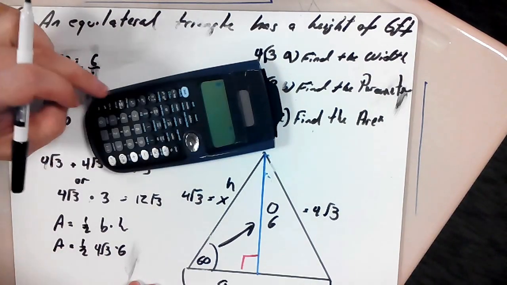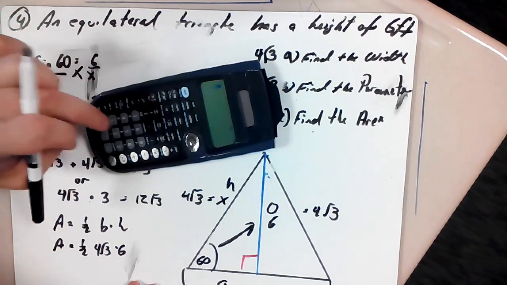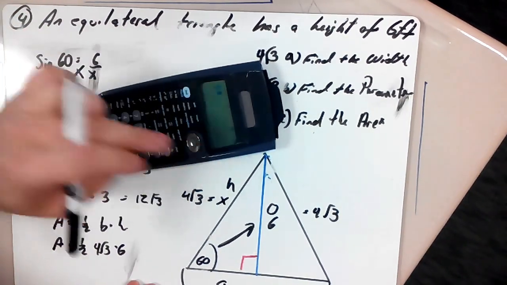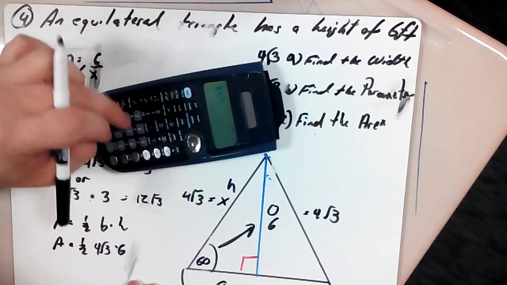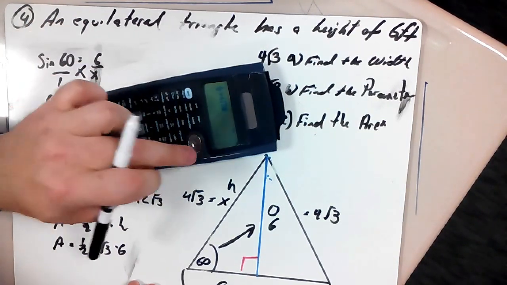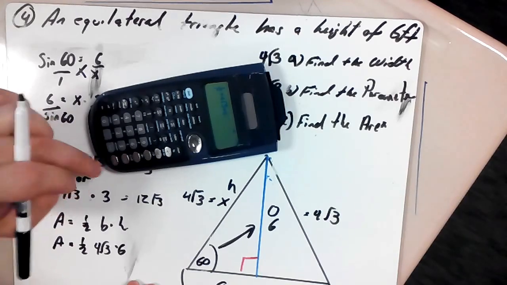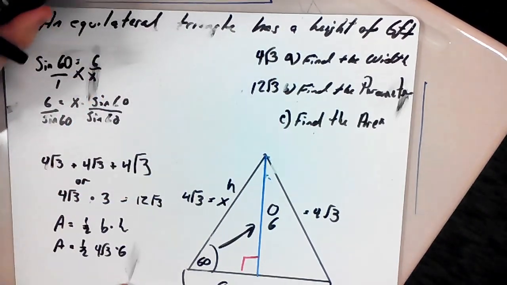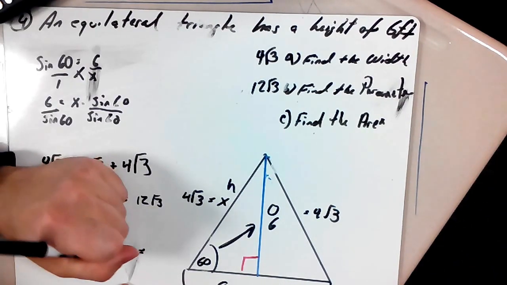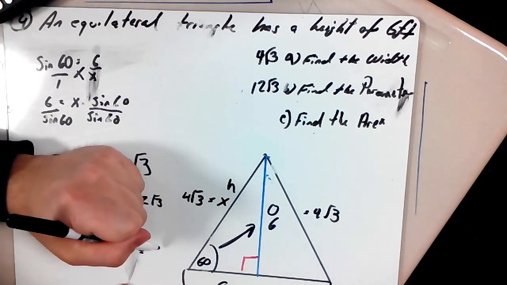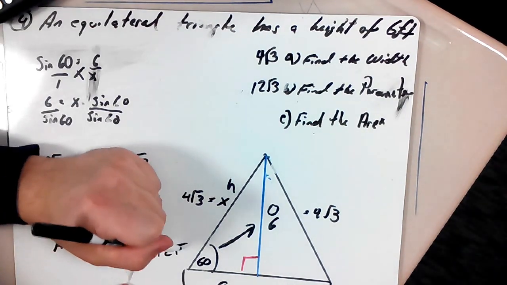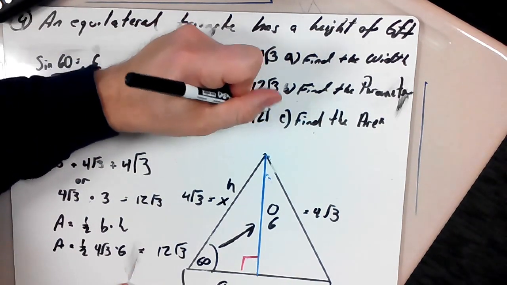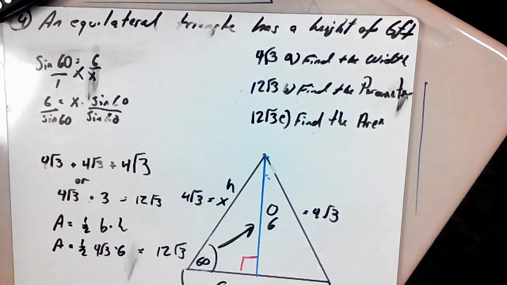Okay, so I'm going to say 1/2 times 4 square root 3 times 6. And the answer again is 12 square root 3. It just worked out to be the same thing. Okay? All right. Next.